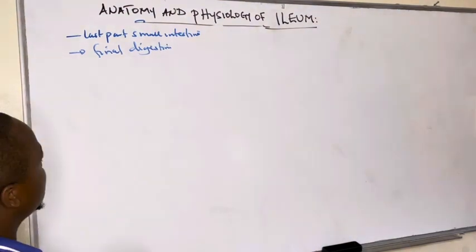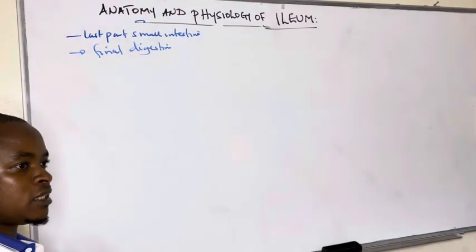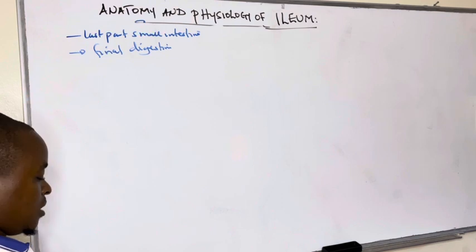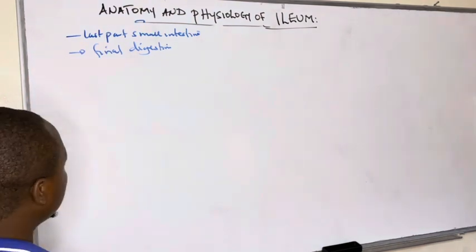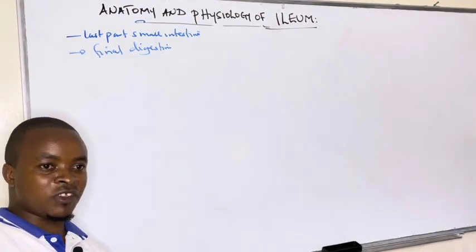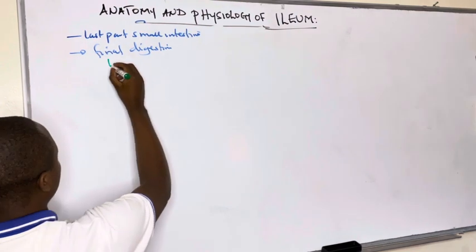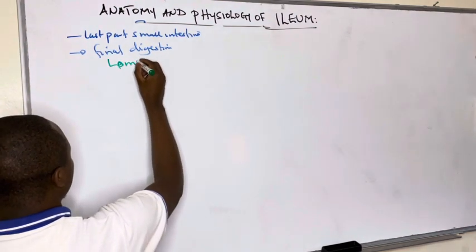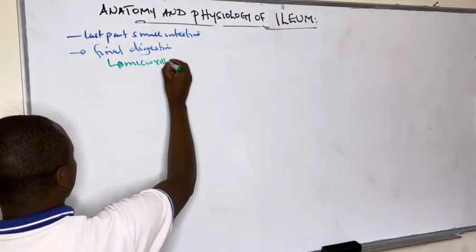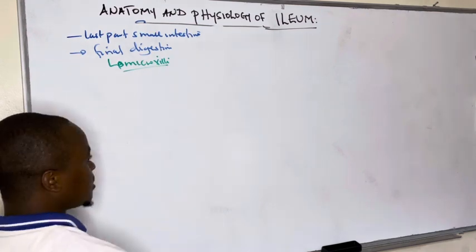And this ileum, its brush borders are folded into the villi, or what we call microvilli. It has multiple microvilli, and these microvilli are the ones that increase the surface area.